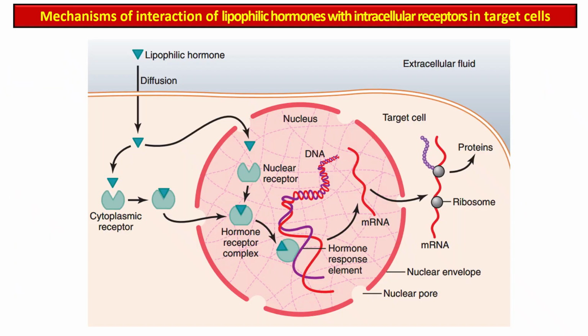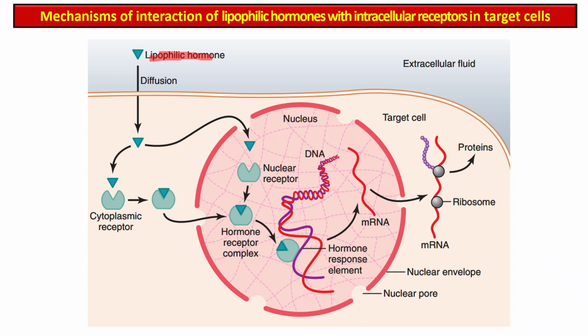This diagram from Guyton illustrates the mechanism of intracellular hormone action, specifically how these lipophilic or lipid soluble hormones regulate gene expression inside the target cell via nuclear receptor.